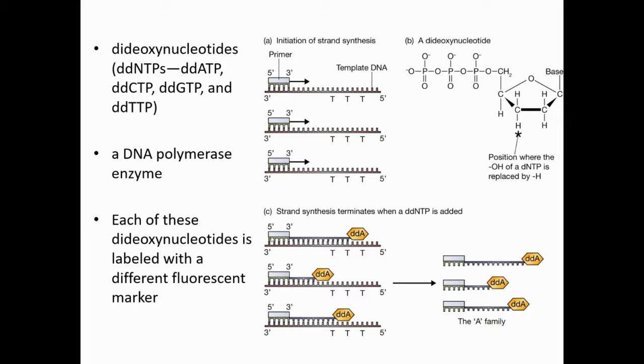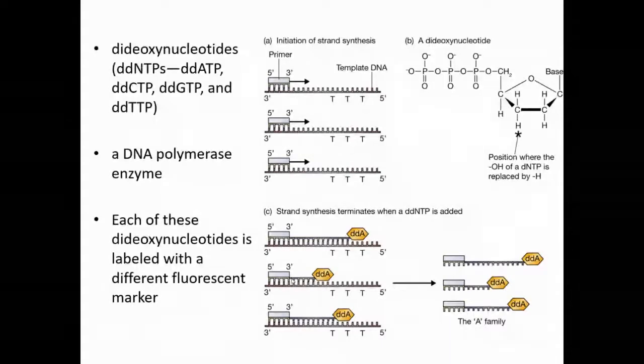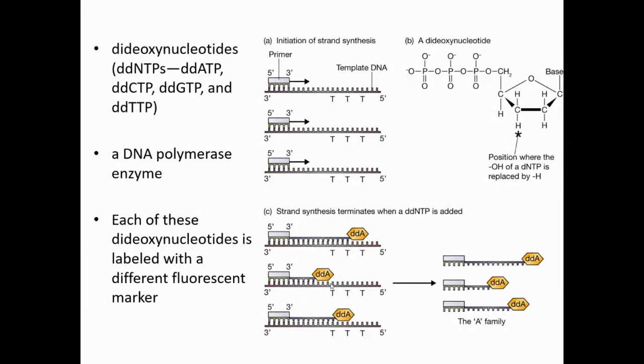So let's say for this molecule, when they perform the synthesis, they synthesize the second strand all the way until here, and then by chance they add the dideoxy ATP at this position. Then the reaction stops, okay? For this DNA molecule, they synthesize a new strand until this position, then they incorporate the dideoxy ATP by chance.